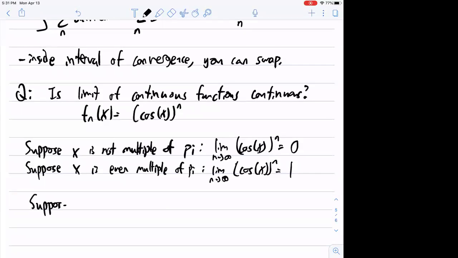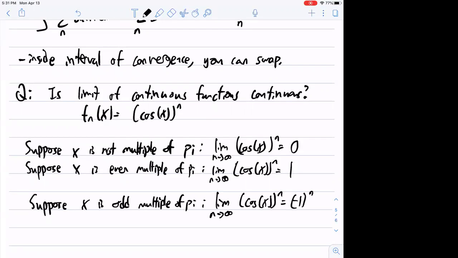Now suppose x is an odd multiple of pi. Then the limit as n goes to infinity of cosine of x to the n is just negative 1 to the n, because cosine of pi, 3 pi, 5 pi, 7 pi is all negative 1. And you know this limit does not exist, because you're oscillating between 1 and negative 1.